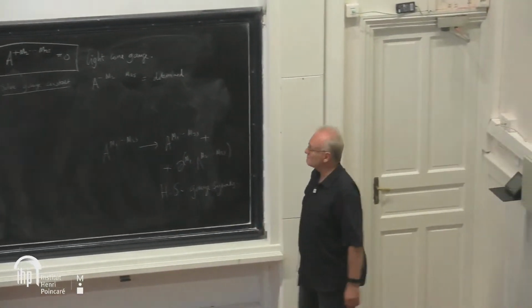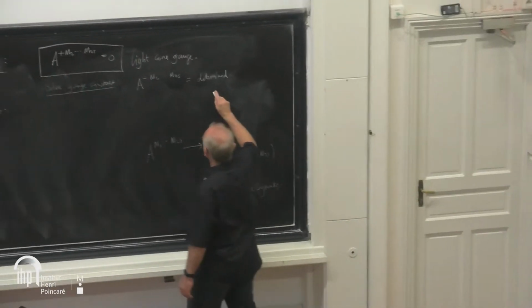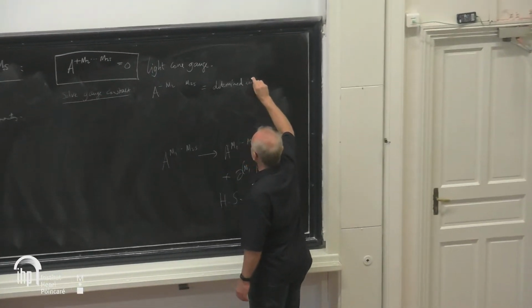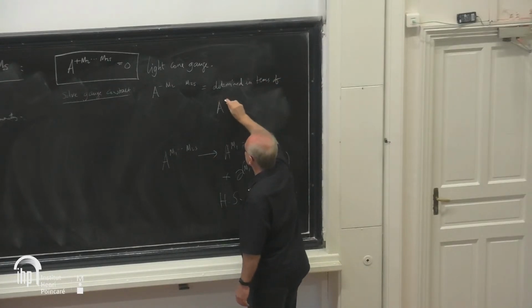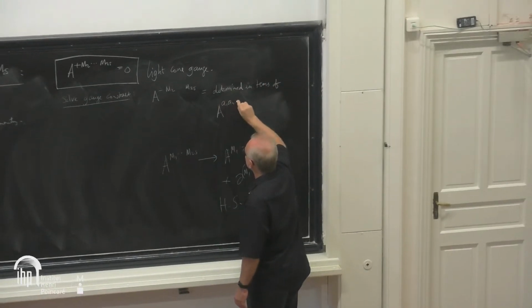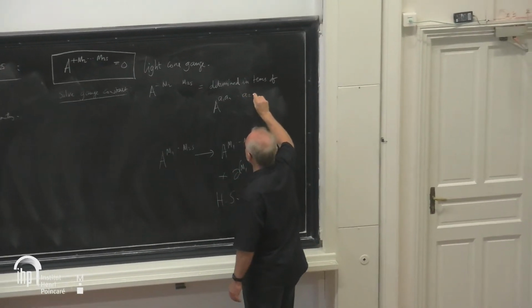So anything with a minus polarization is completely determined, and it's determined in terms of A, let's say A1, A2, up to A2S.